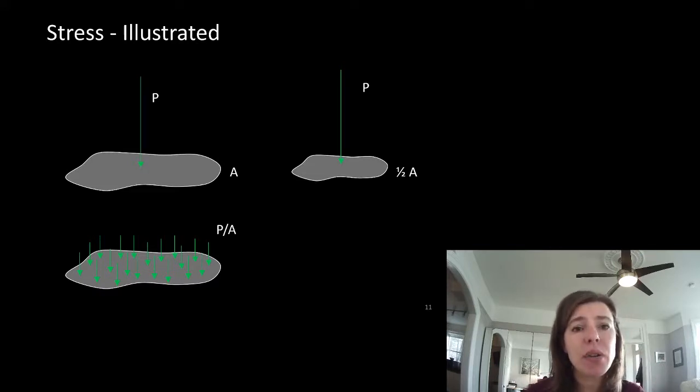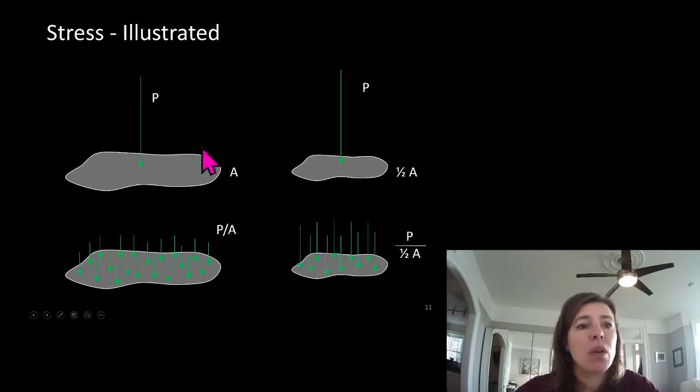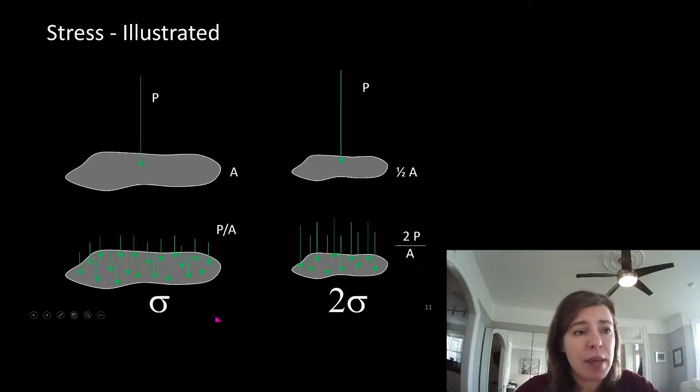Does the stress increase or decrease? Intuitively, if you've ever walked on snow, you know that the bigger the area for the same load, the lower the stress. So if we've made our area smaller, our stress must be increasing. We have the same force over half the area, or 2P/A instead of P/A. This is our stress, and this is twice the stress.